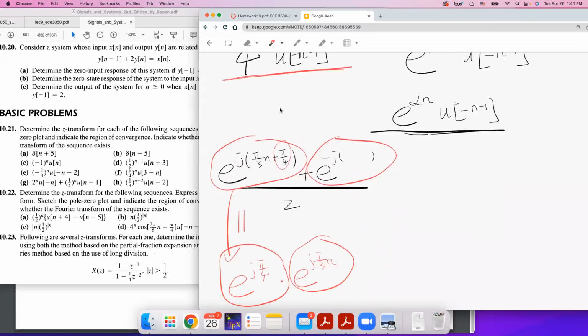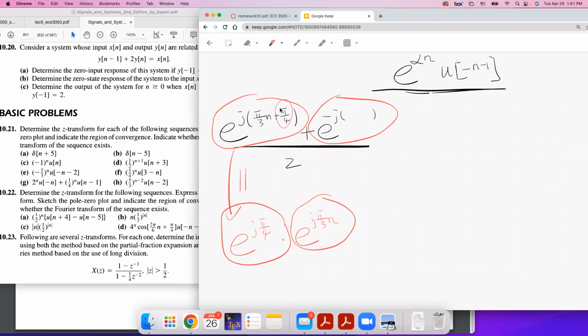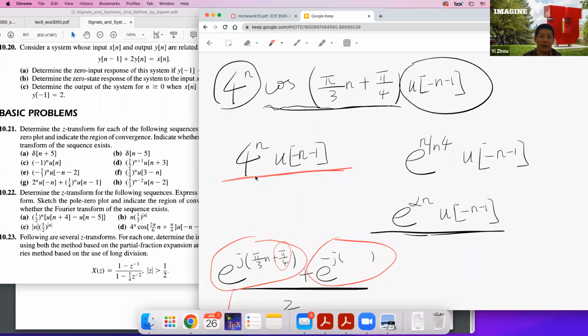Do we account for the u of negative n minus 1? For that one, as I said, you first need to identify the Z transform of this signal, and the way you identify it is to rewrite it into exponential form. For this one, we are given that table of Z transforms, and one of the examples in the table handles the u of negative n minus 1.